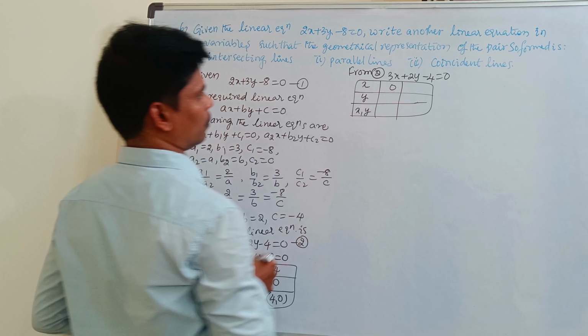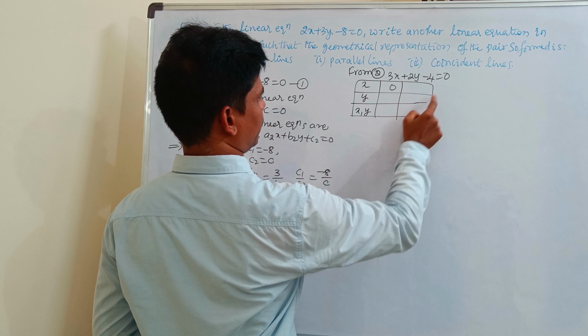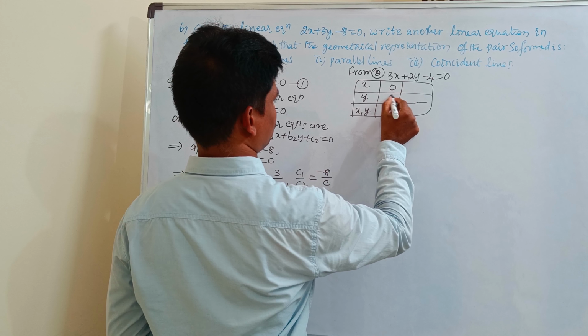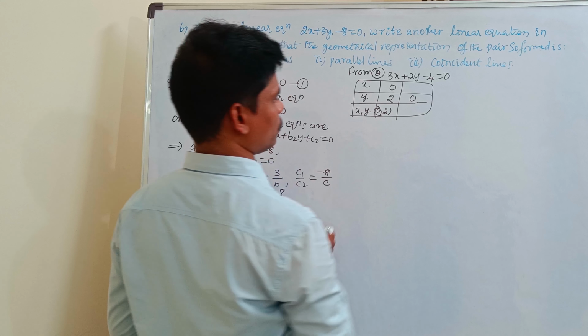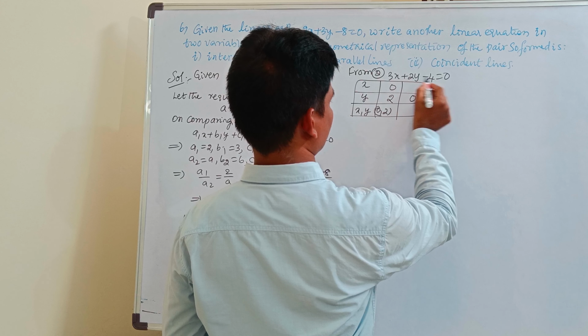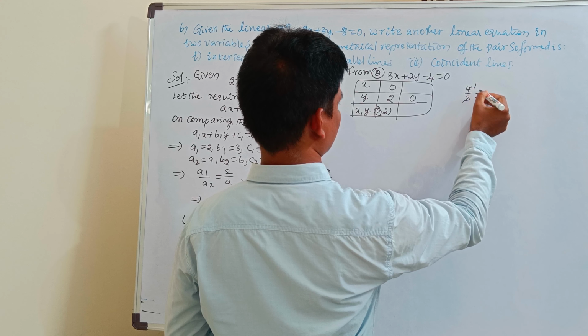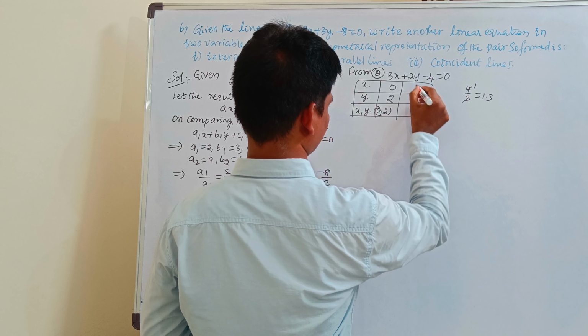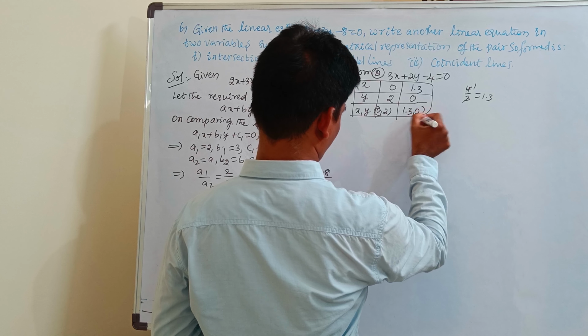Suppose x equal to 0, so minus 4 transferred to this side, 4 by 2 is 2. So 0 comma 2. Next suppose y is equal to 0, so 3x minus 4 is equal to 0, x is 4 by 3, which is 1.3. This is 1.3 comma 0.